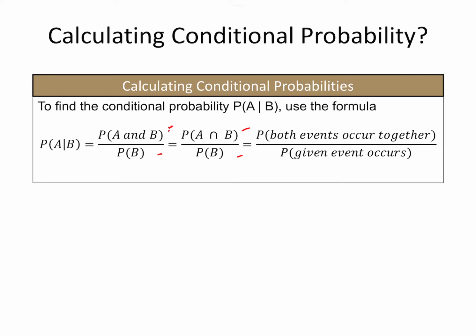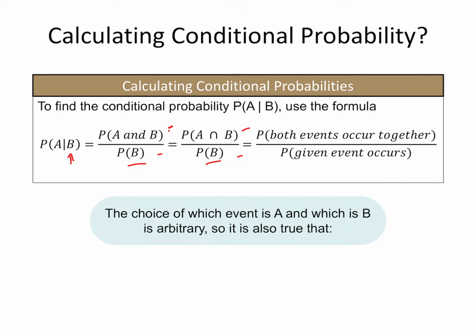And again in words, the probability that both events occur over the probability that the given event occurs. So notice what's on the bottom that we're dividing by is always going to be the given event. The choice of which event you use for A and B is arbitrary, so it doesn't really matter. So it also would be true this way. Just notice the order that you have it in. Whatever is given is what is going to be on the bottom of our fraction when we're doing conditional probabilities.